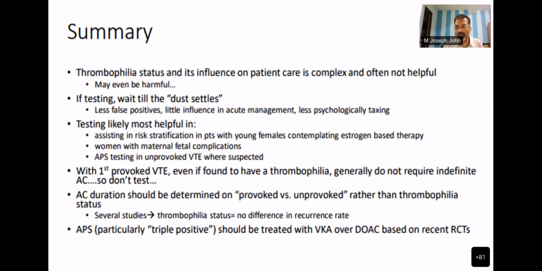If it is unprovoked or a major site thrombus, continue long term, especially PE. Recurrent thrombosis, continue long term. Anticoagulation: anti-phospholipid syndrome should be treated with warfarin over DOAC based on recent anticoagulant studies.